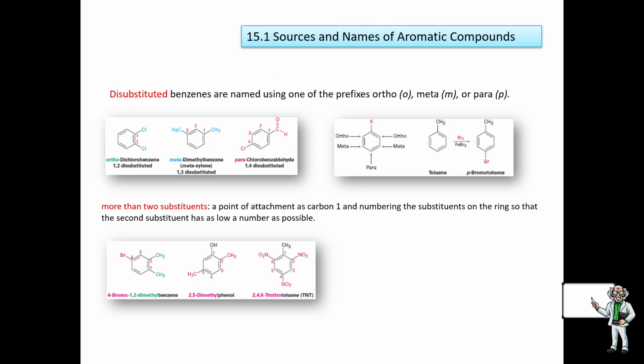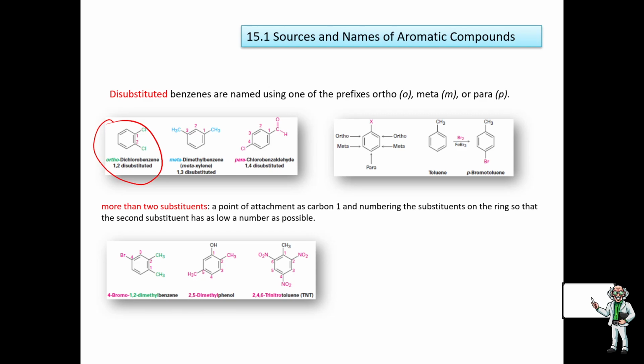These substituted benzenes are named by number. For example, here we have a benzene that is substituted with two chlorines, and we start counting with 1-chloro, and it's 1,2-dichlorobenzene.